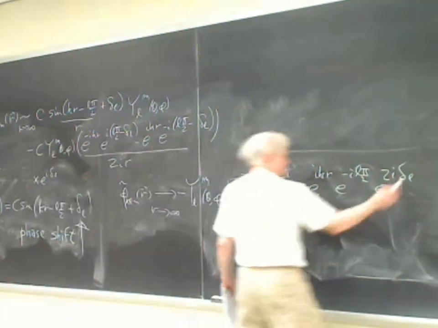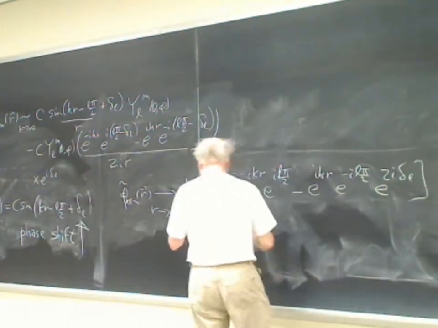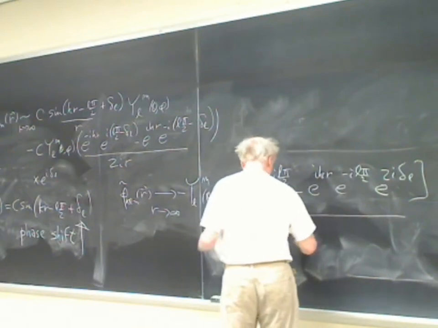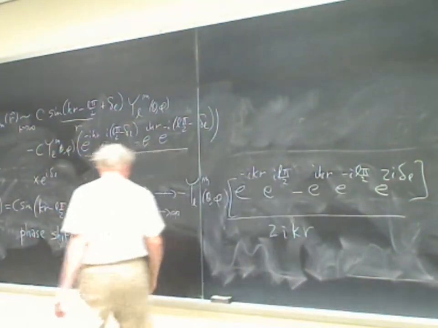And so we close this bracket, and then we divide by 2IKR.